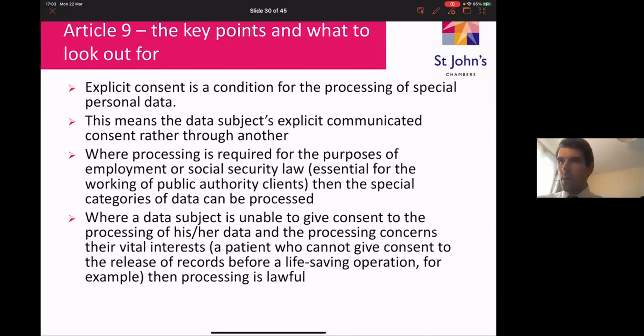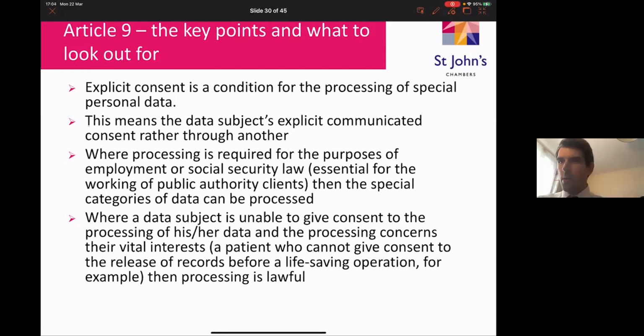It has to be communicated by the subject rather than with the authority given by the subject for another to express it. You may have controller clients who process information for the public purposes of employment or social security law, and that, it seems to me, is an essential part of the work of your public authority clients, which allows them to process personal data in that way.